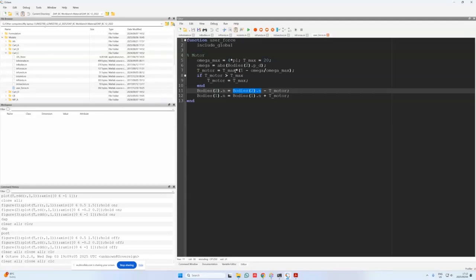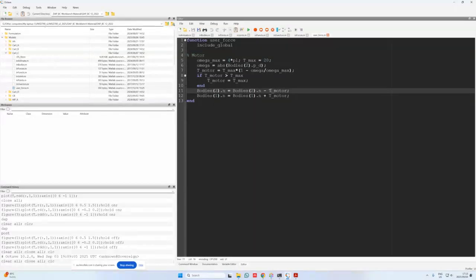So in this case, T motor is going to be a positive value because T max is positive, and I multiply this with 1 minus some ratio over here, which is smaller than 1. So T motor is going to be greater than 0, but I want to apply a clockwise moment to body 2, to the rear wheel, so that the cart is moving from left to right. And to do that, I simply minus the T motor value in that case.